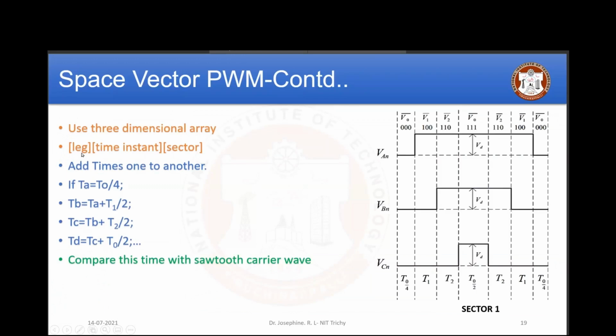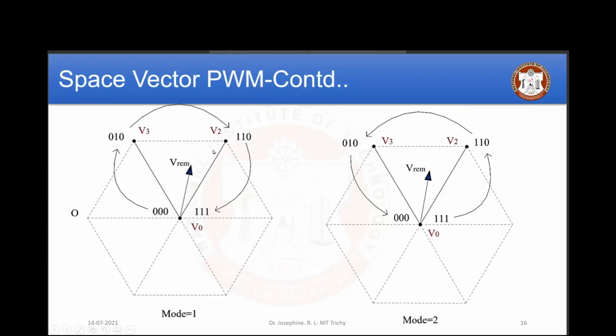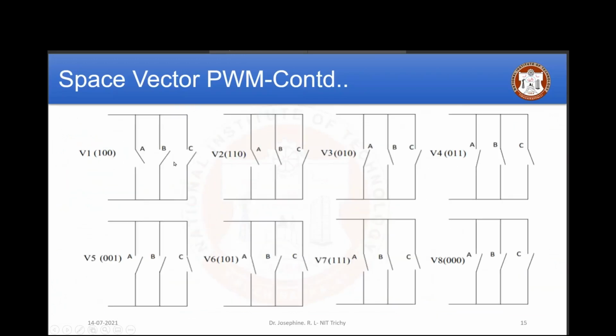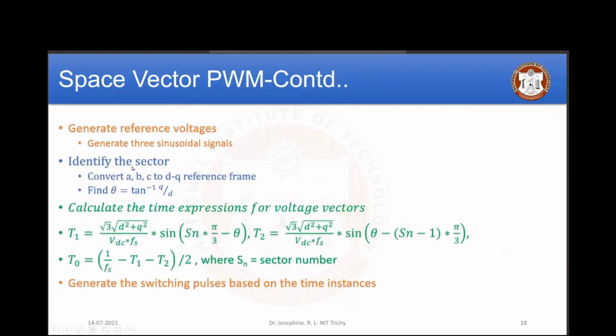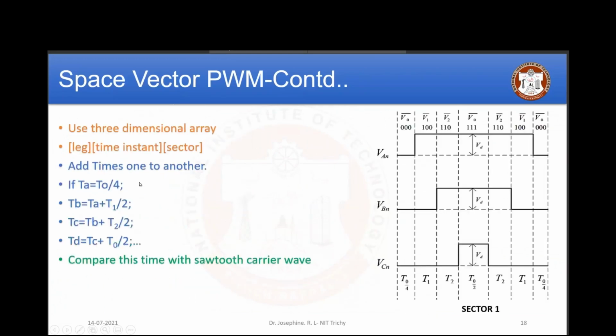So what is that leg? I have 3 legs here because it is 3 phase. And how many sectors may I have? The next one is time instant. How many times do I have? I have 3 time instances, whether it is the T0 by 4 instant, the T1 instant, or the T2 instant.